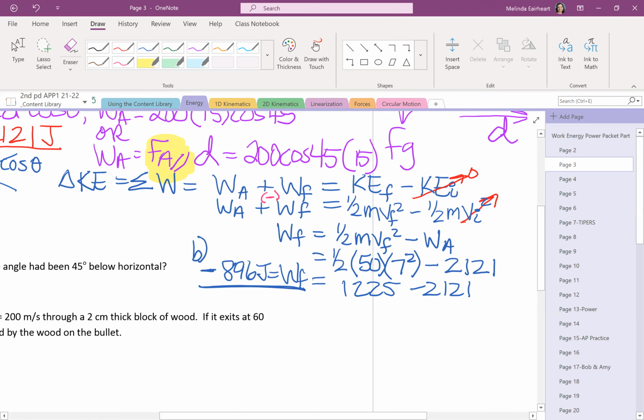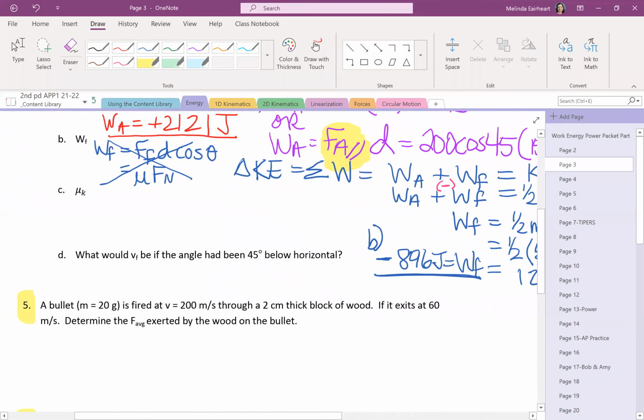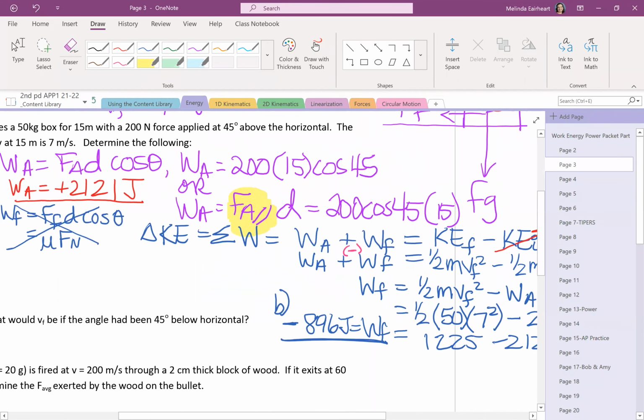As long as there's one negative. On the AP exam, they usually take care of this issue. The question will say, determine the magnitude of the work done by friction, okay? Because the magnitude of the work by friction is just like the absolute value. They just want to know how many joules, right? Okay, everybody good, A and B?